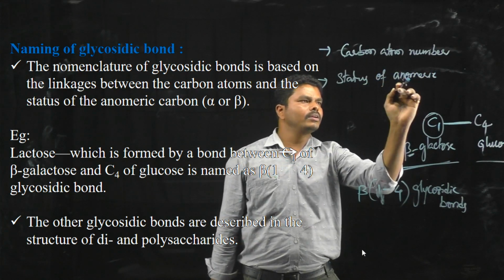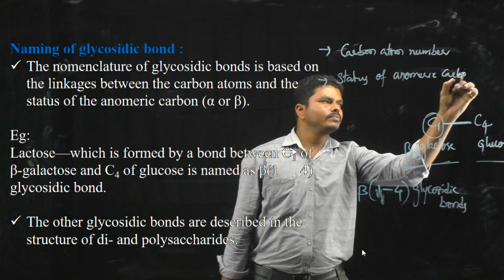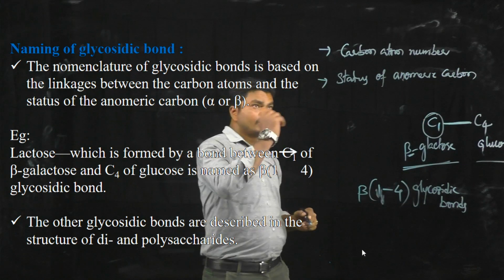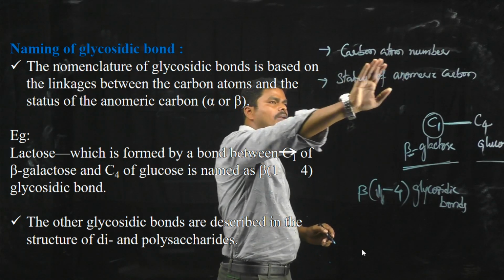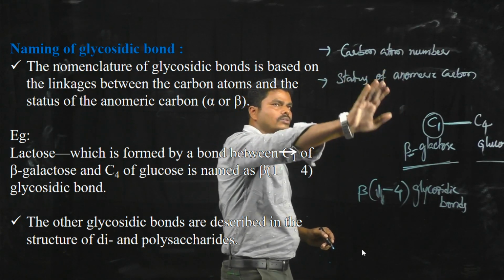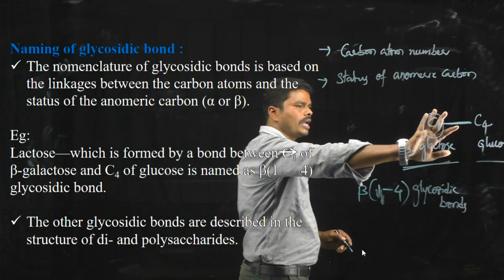So the first thing is the carbon atom number, those involved in the glycosidic bond.